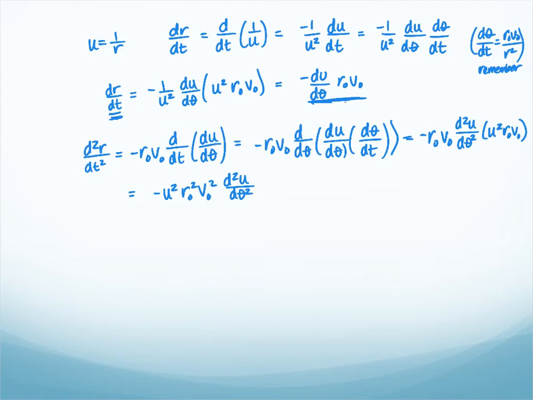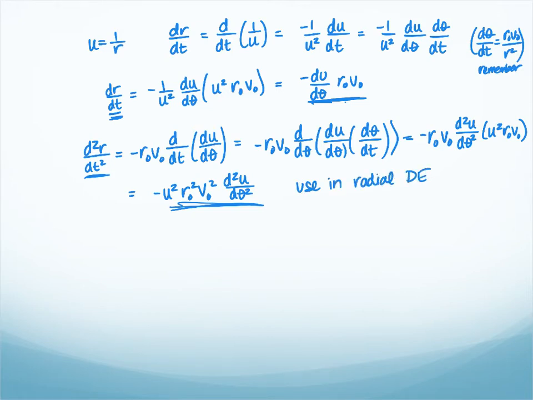We've been able to write it in terms of u and theta. Remember, u is essentially going to be r, but we're just using this to get our change of variables. And then we've also been able to write the second derivative of r with respect to time in terms of u and theta.